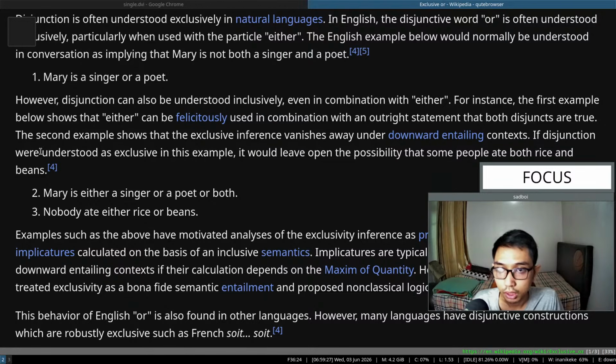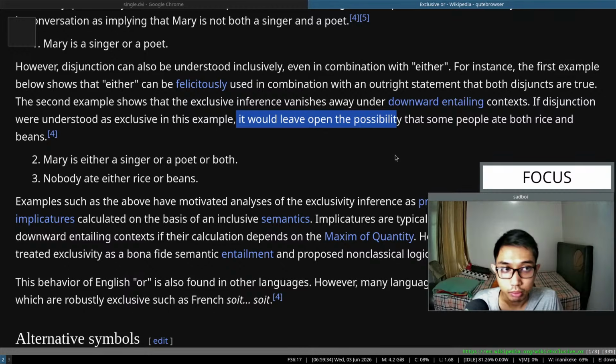If this disjunction were understood as exclusive in this example, it would leave open the possibility that some people ate both rice and beans. Nobody ate either rice or beans. Oh.